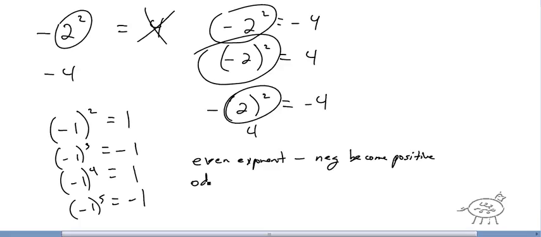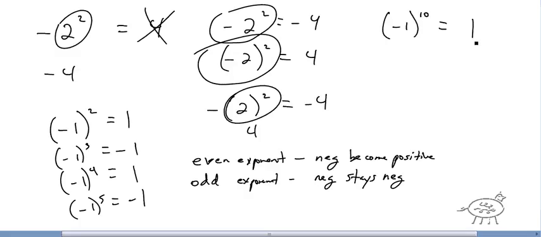If you have an odd exponent, the negative stays negative. Okay, so for example, up here in the right corner, if I have -1 to the 10th power, it's an even number, +1.